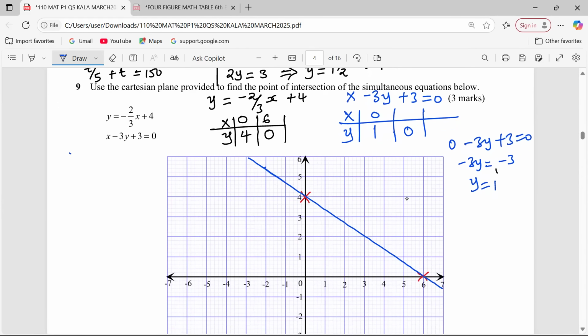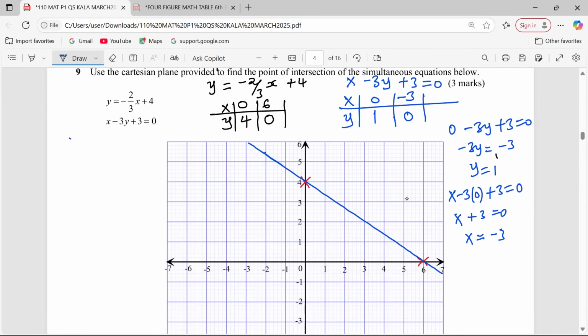Then again, when y equals to 0, the equation becomes x minus 3 times 0 plus 3 equals to 0. So x plus 3 equals to 0. The value of x will become negative 3.